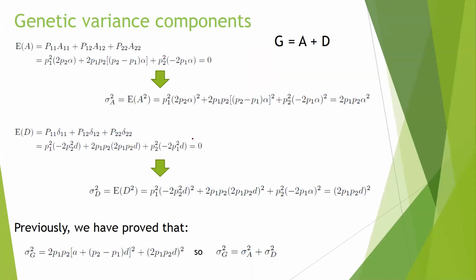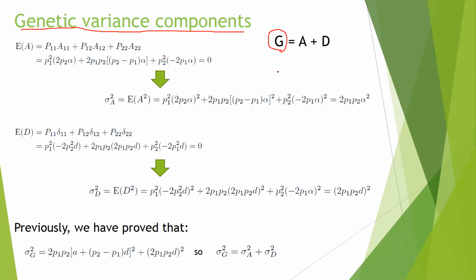Okay, now let's study the genetic variation components. All right. So first, when we look at the phenotypic value, G represents the expected phenotypic value, right? I hope you still remember.